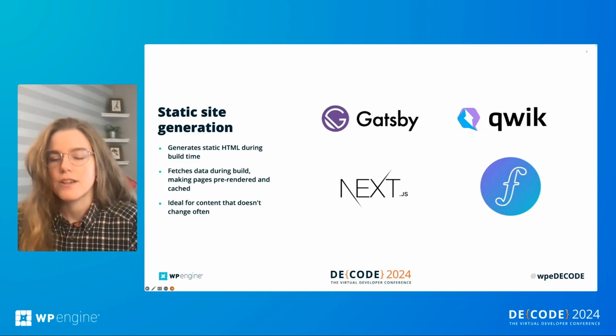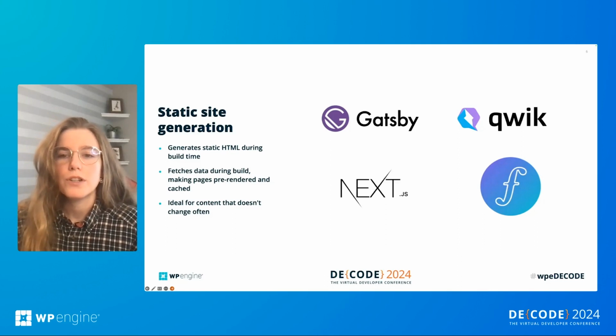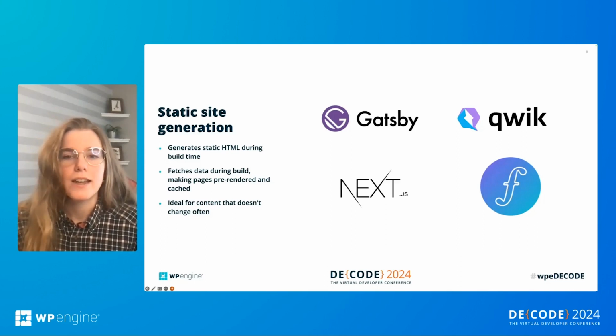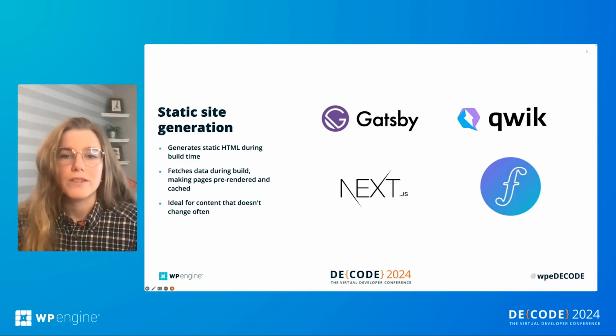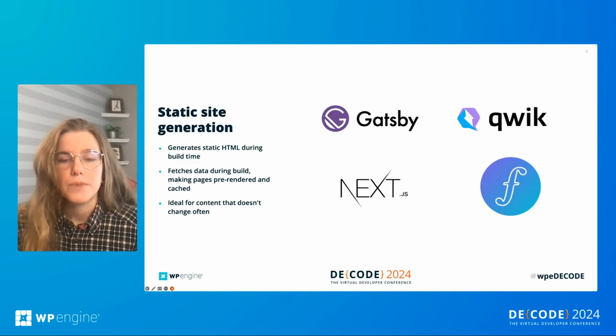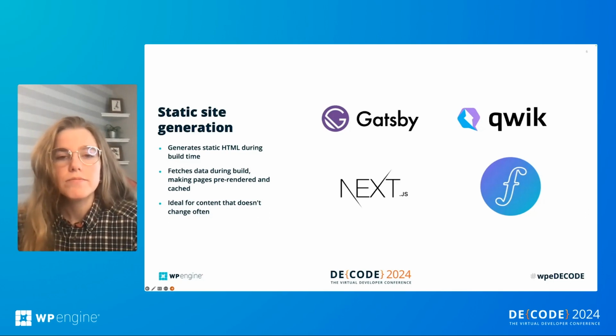Static site generation is, in sum, really great for pre-generating that static content and is ideal for content that doesn't change much and can really provide some great performance and scalability in that use case.